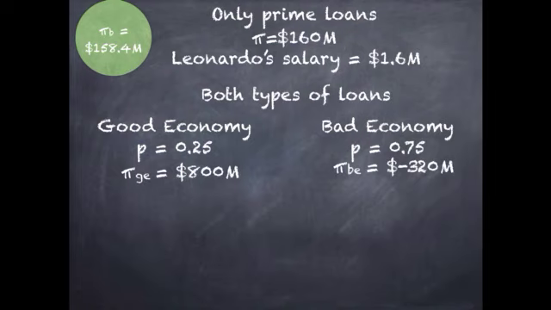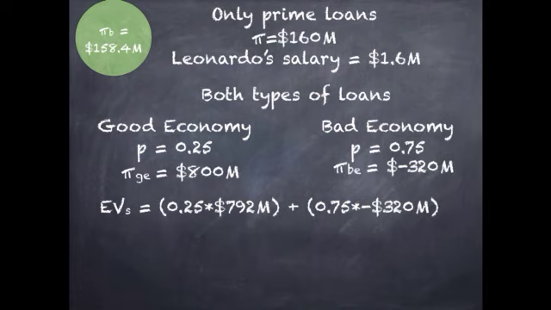Let's take a look at their profit if the bank engages in both types of loans, with the condition being that the profitability is going to be impacted by the type of economy that occurs. Realize the expected profit of the bank itself, or to the shareholders, I have sub S here, I guess I'm referring to shareholders, is going to be 25% multiplied by 792 million.